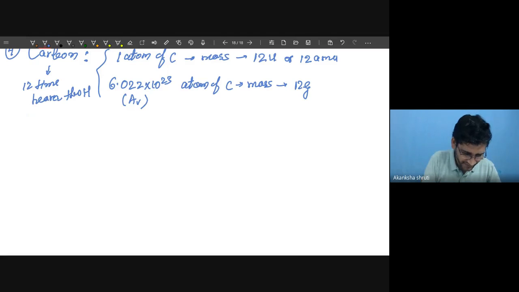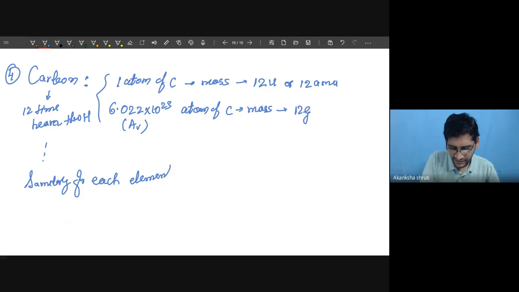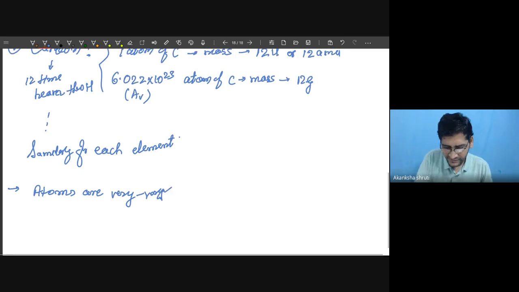So students, similarly, there will be a mass for each element. Get it? Meaning different atomic mass for different elements, nearly different. So student, atoms are very, very small.